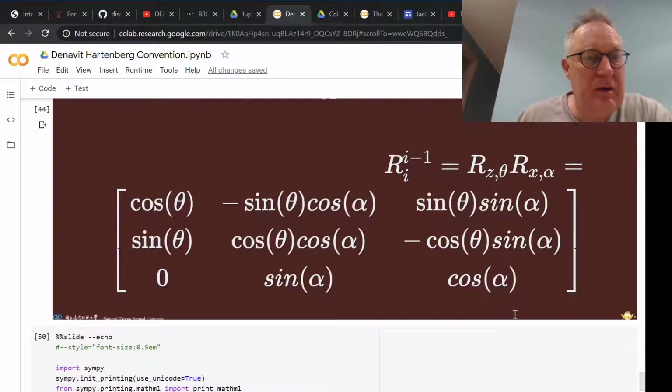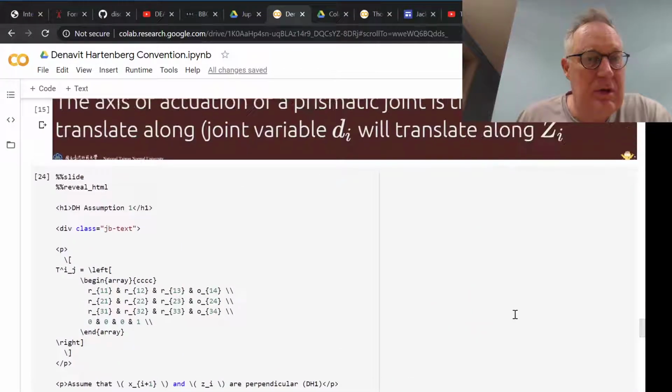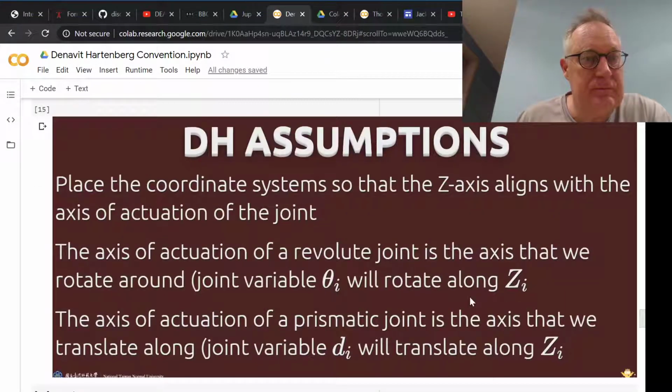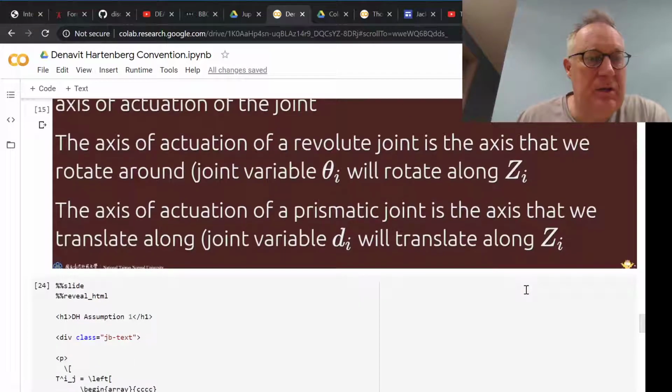Let me just double check that I didn't make a mistake there. Joint variable theta i will rotate along the axis z i minus 1.